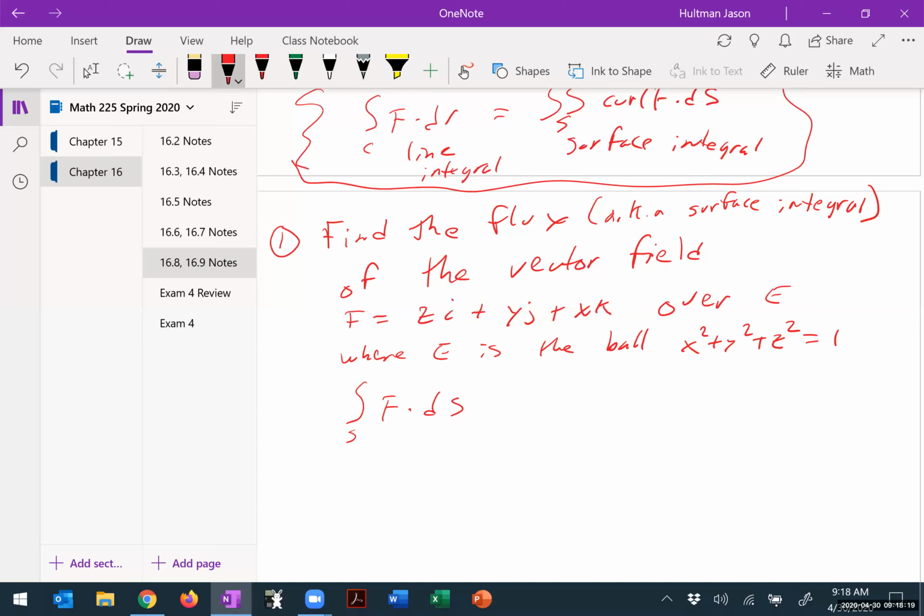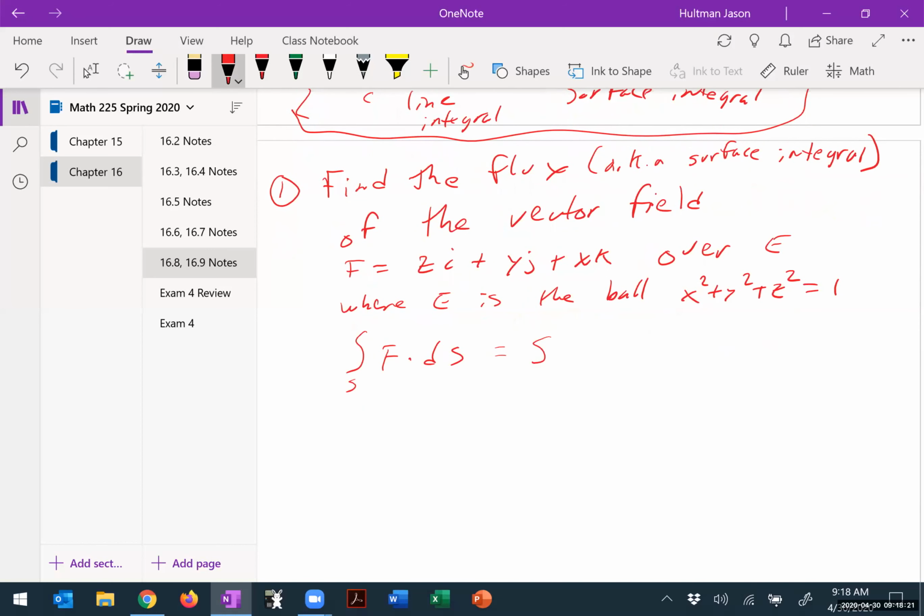Then we're going to change this from the surface integral over the sphere into a triple integral over the ball, the 3-dimensional solid, using the divergence of F dV. So E is this ball here.